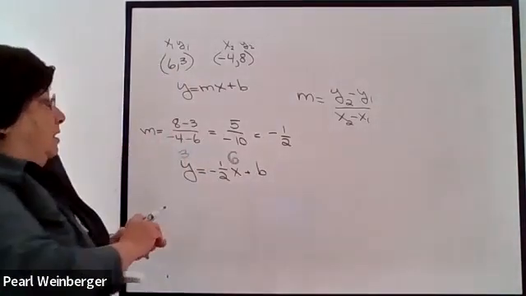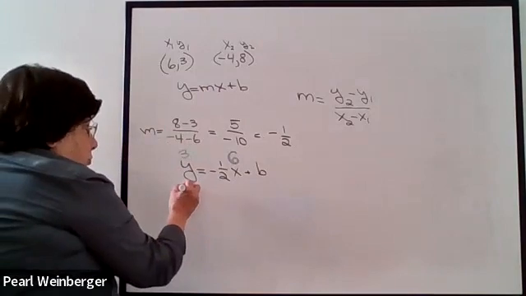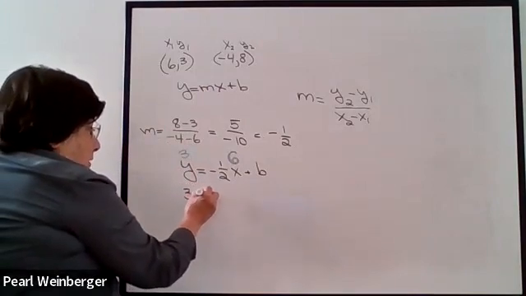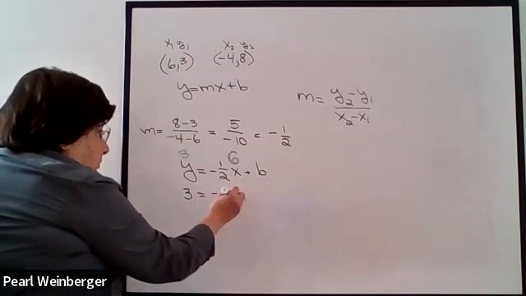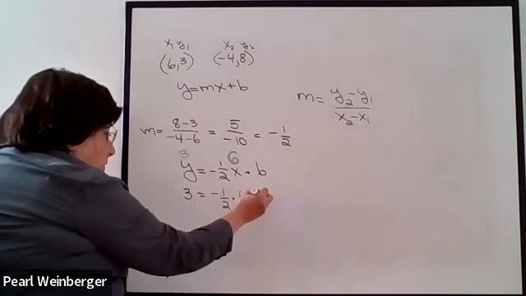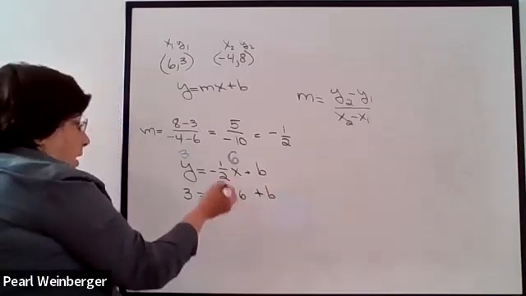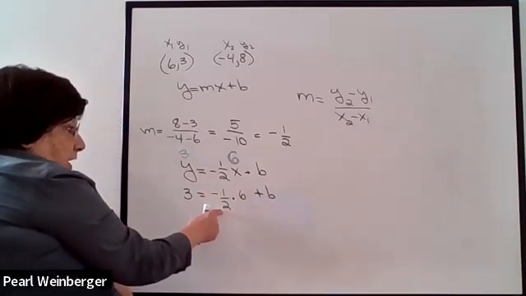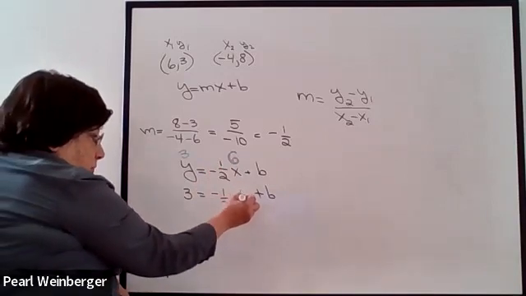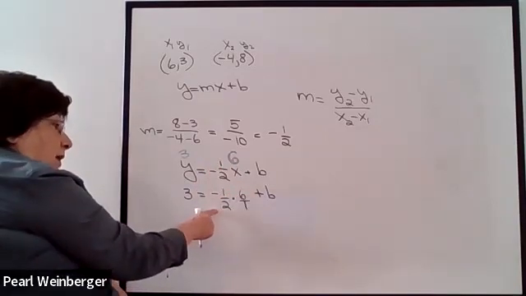So what I get then is 3 equals -1/2 times 6 plus b. Now, what I have to first do is multiply the -1/2 times the 6. Remember, that's really a 6 over 1.